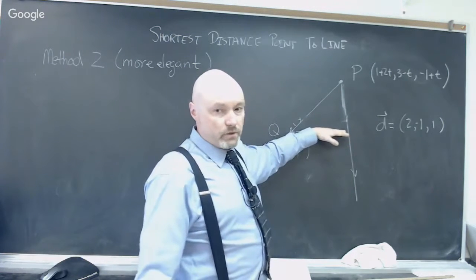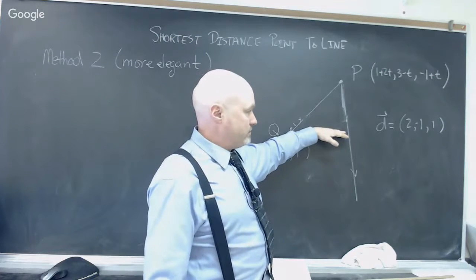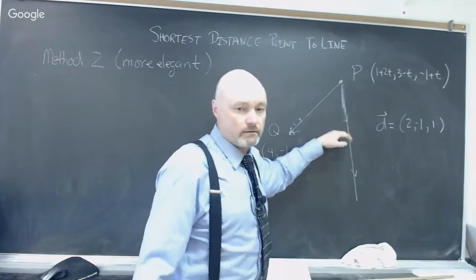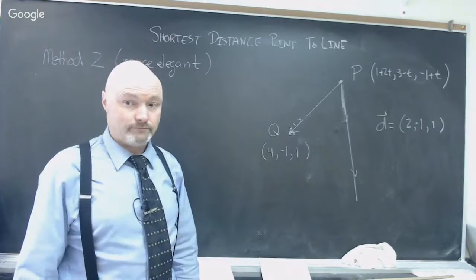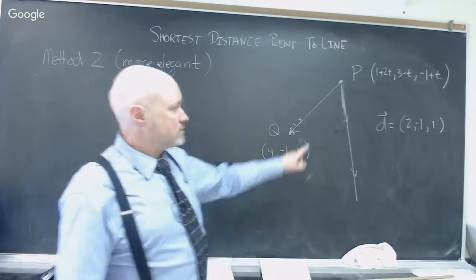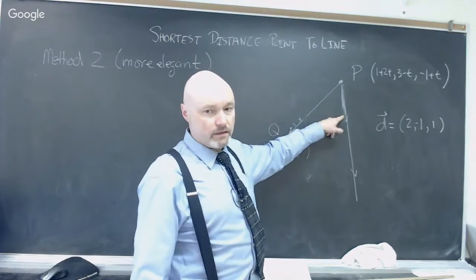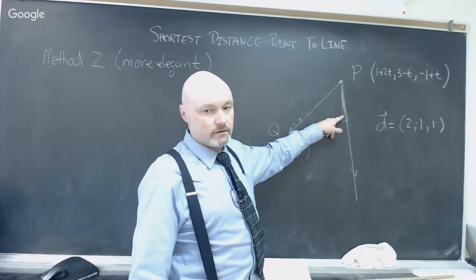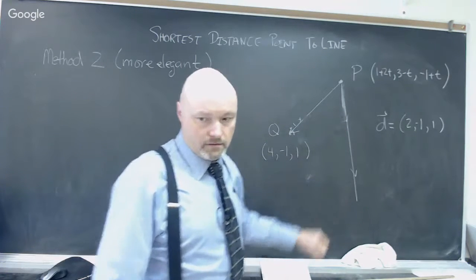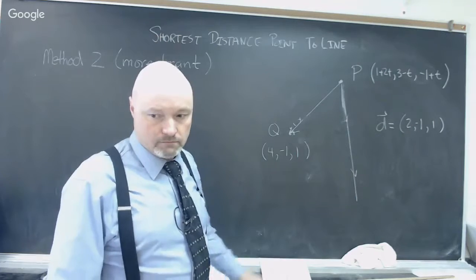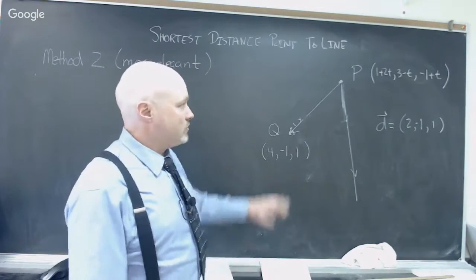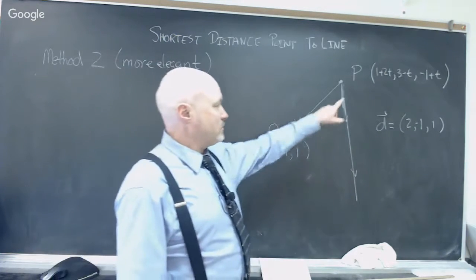If QP is perpendicular to the direction vector, what's true about the dot product? So if I manage to pick my P so that it's perpendicular. Yeah. So then it would equal 0 then. Exactly. So my dot product is going to be equal to 0.